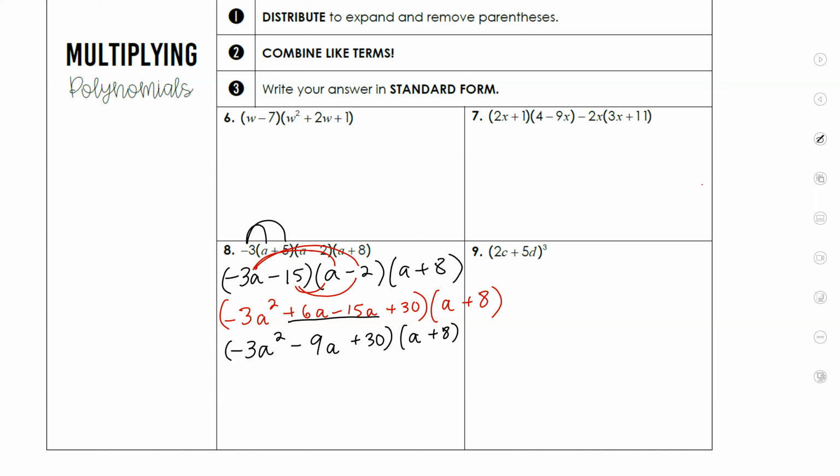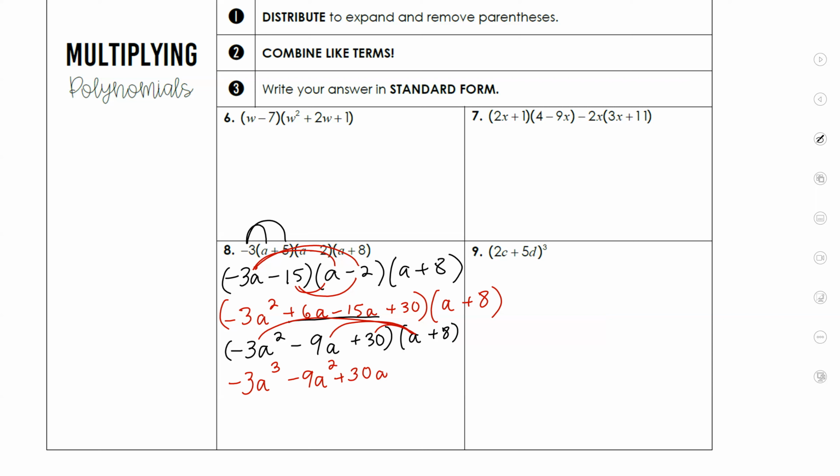Okay, now we distribute. So I can do a times the -3a squared. That'll be -3a cubed. Then I can do the a with the -9a. That'll be -9a squared. And then I can do a times the 30, which is 30a.